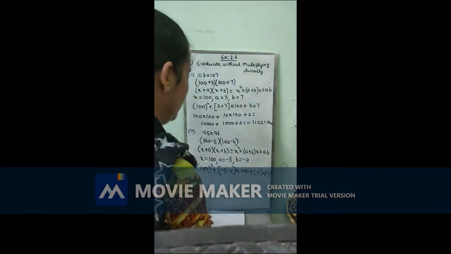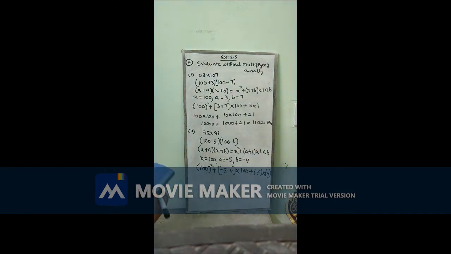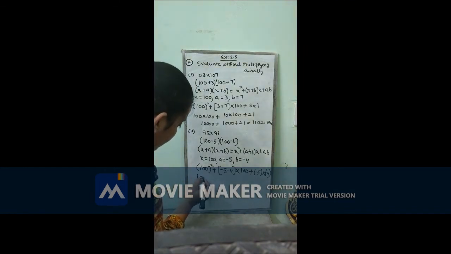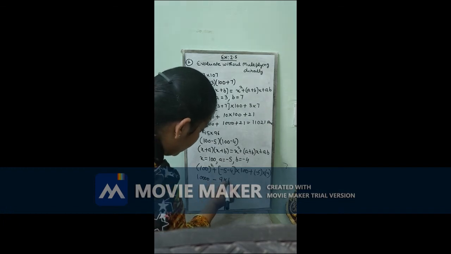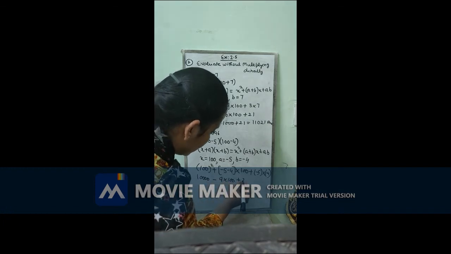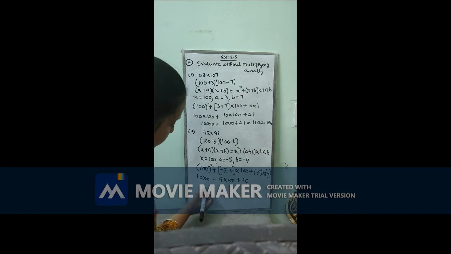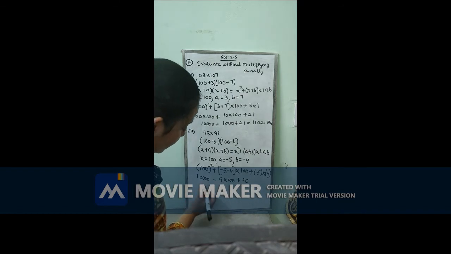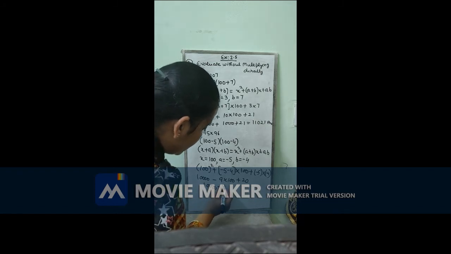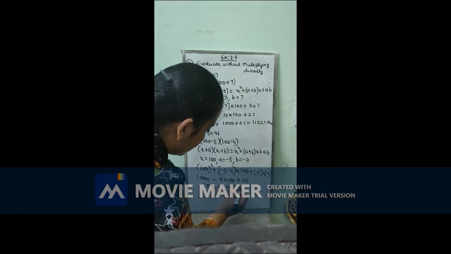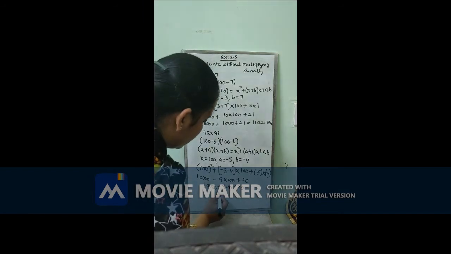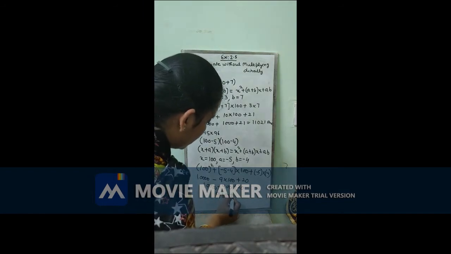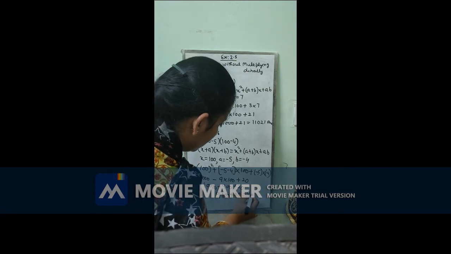Your answer will be 10,000 minus 9 into 100 plus 20. Sorry, 10,000 minus 900 plus 20. 10,000 minus 900 is 9100, plus 20 is 9120.